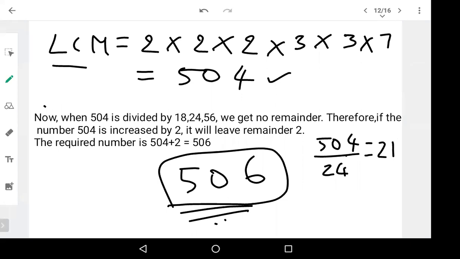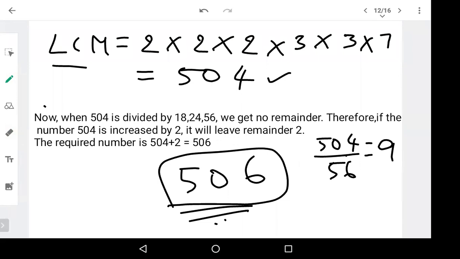Now, once again, 504 divided by 56. 9. Everybody has got 9. Now, if you see the answers, they are whole numbers.